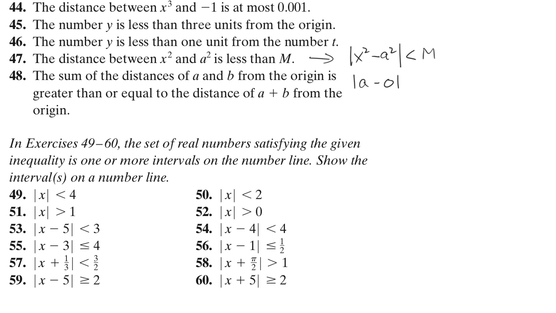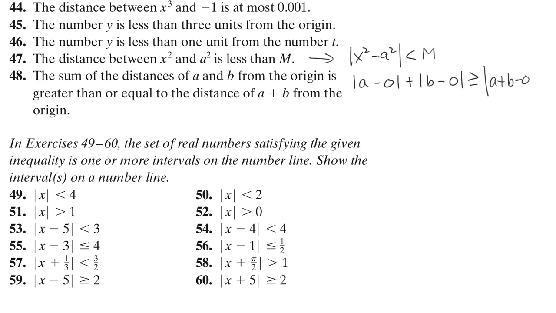So that's one distance, and then the distance between B and 0, or B and the origin, is greater than or equal to the distance of A plus B from the origin.